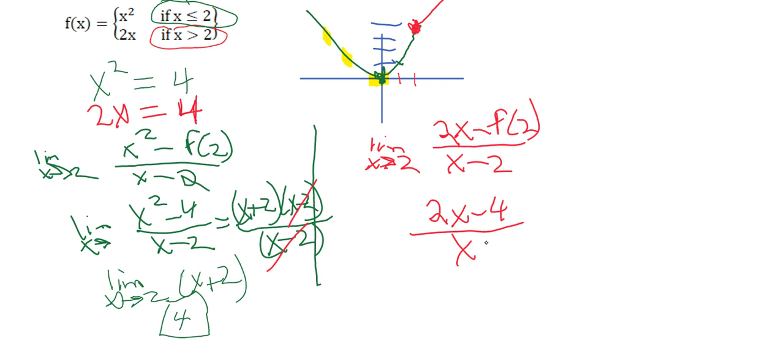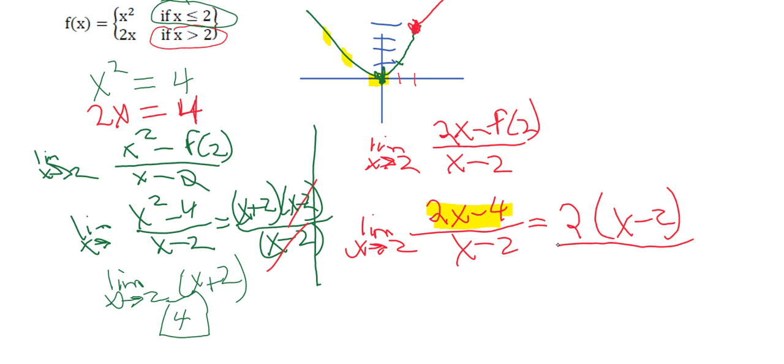Once again we're still looking at the limit as x approaches 2, and then of course what can we factor here? Looking at the numerator, we can see that they both have a 2 in common, so we're going to factor the 2 out, and we're left with x minus 2, and we have x minus 2 on the bottom, which we cancel, and so the derivative is equal to 2.